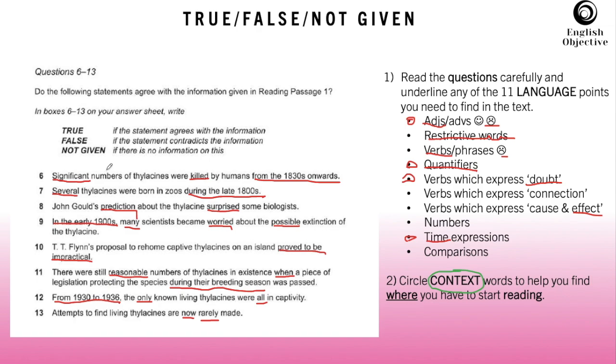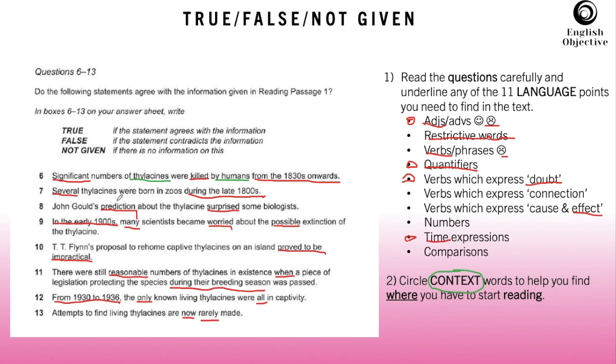So in this case, obviously, we are referring to the animal, thylacine, killed by humans. So humans is a keyword because it could be by another animal or by climate change, I don't know. But in this case, it's very specific that it is by humans.